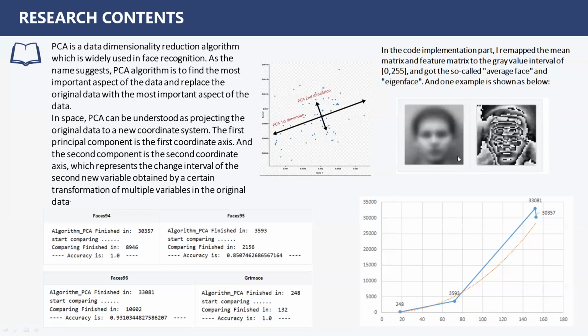They are the same original picture, and after I use PCA, I get the average face and eigenface here. So after I use PCA, I know the features and I got the data, so I can compare them to each other.